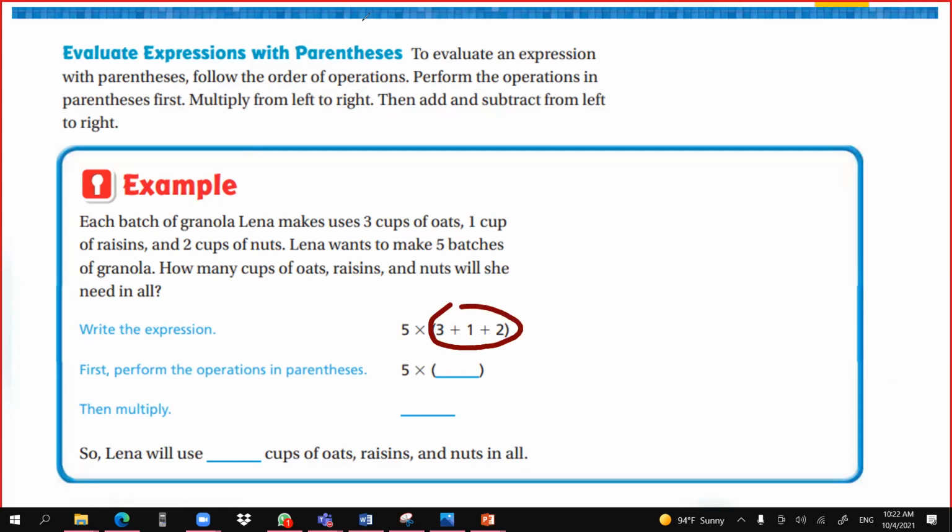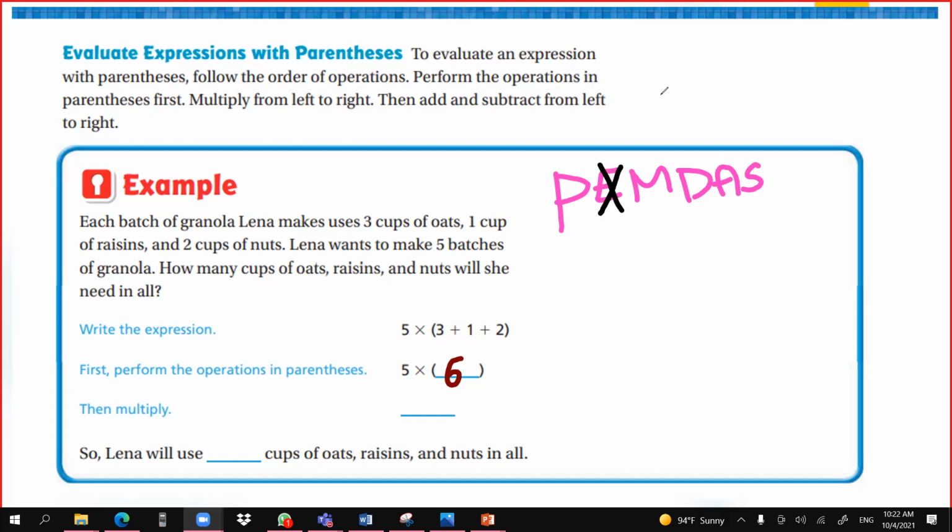So here, first, what do you have? 3 plus 1 is 4, plus 2 is 6.